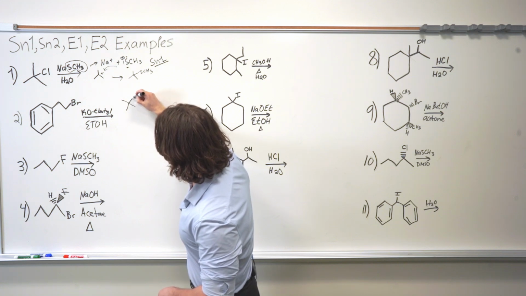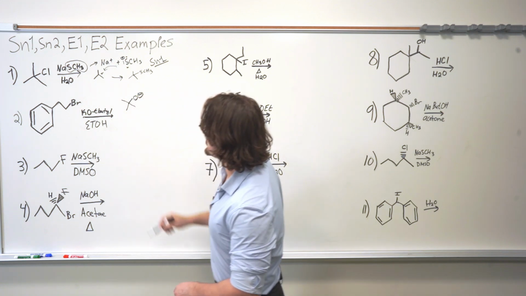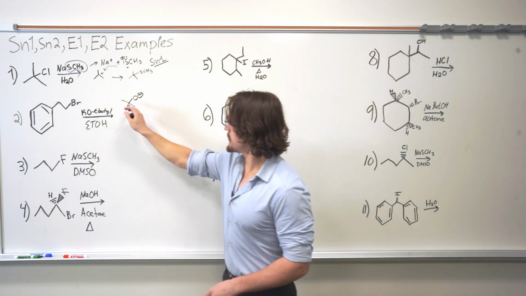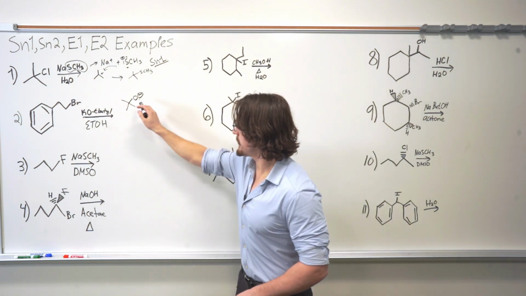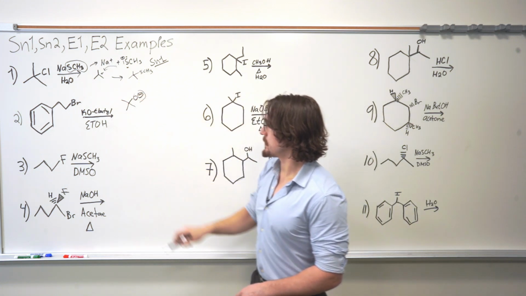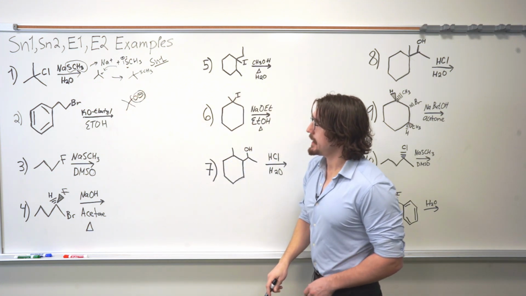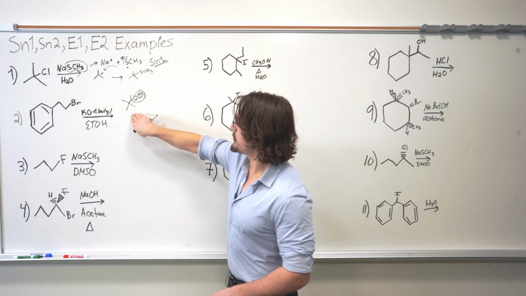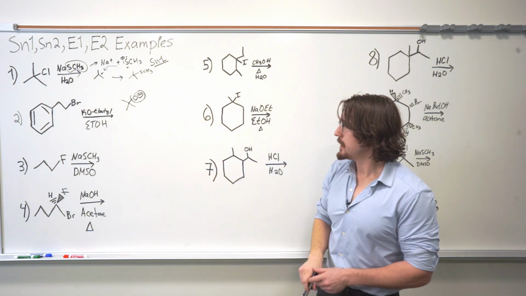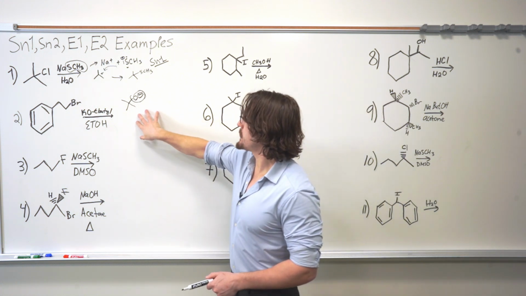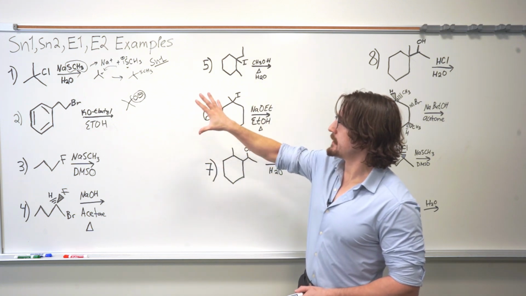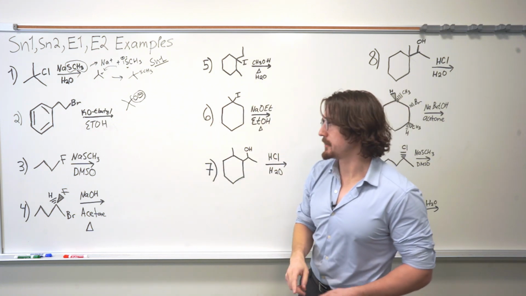So notice there's a carbon here, carbon here, carbon here, carbon here, and then this is a full negative charge right here. And this, of course, is very bulky. That's the first thing we notice. When we see really bulky species, we're thinking less substitution, probably more elimination.